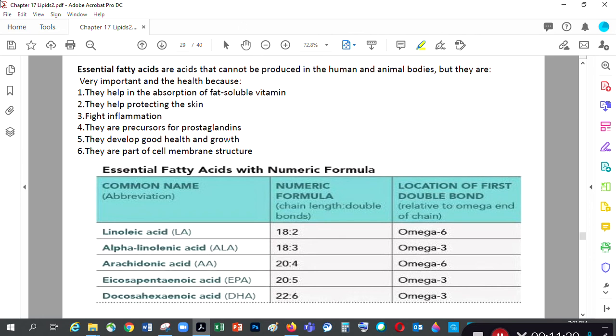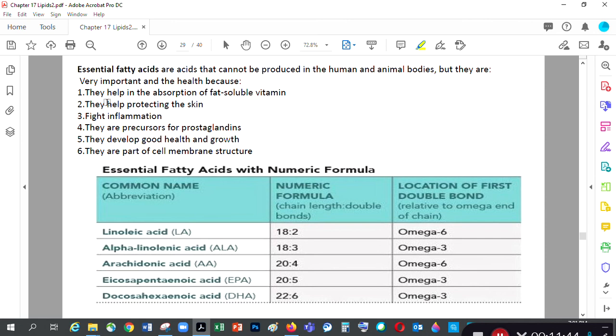The meat we are eating, and some food we are eating, is rich in those fatty acids. Fish, for example. We need those, but we are not producing them, so we need to take them from outside, such as in meat and fish. And really they are very important.